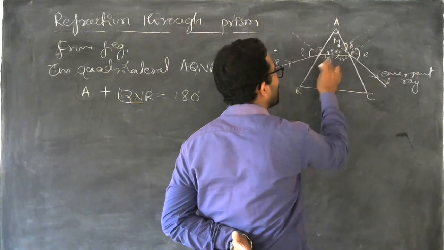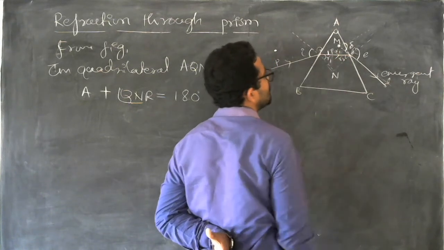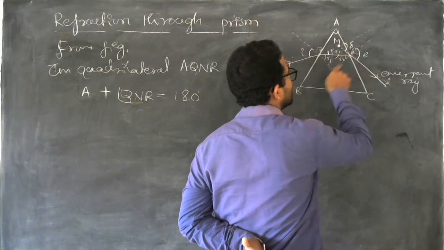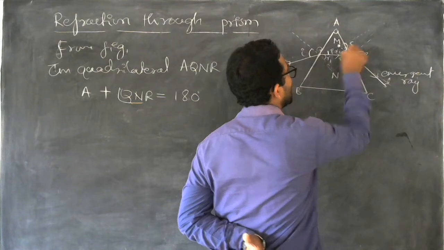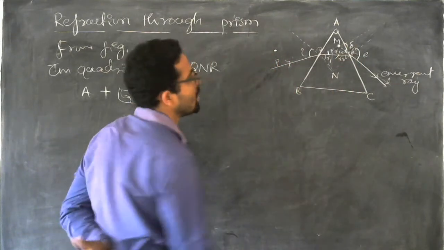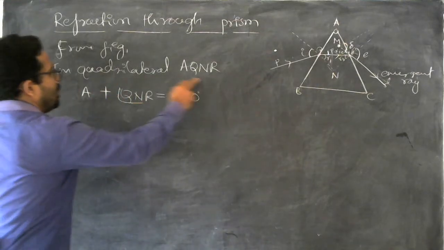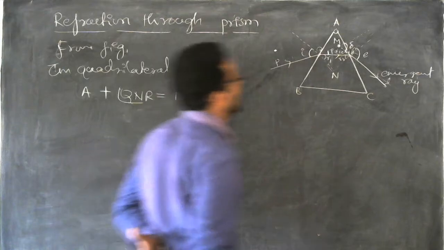Total angle is i, part of which is r1, remaining should be i minus r1. Similarly, the whole angle is e because they are opposite angles. Part of this e is r2, and the remaining angle should be e minus r2. So in the quadrilateral we got A plus QNR equal to 180.